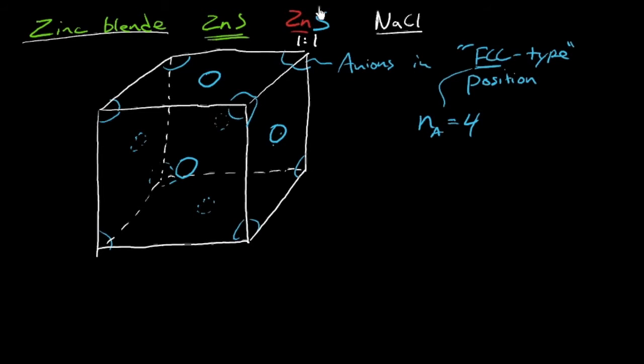And the size ratio here, the radius of the cation to the radius of the anion, if you looked it up for zinc and sulfur, you'd find that it positions zinc into those tetrahedral interstitial sites. And we can see them in the same positions that carbon atoms occupy in diamond cubic.